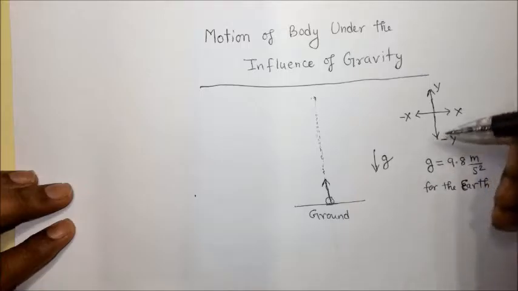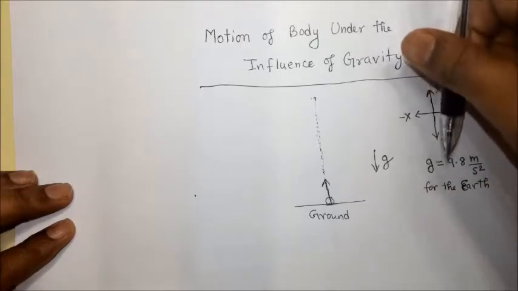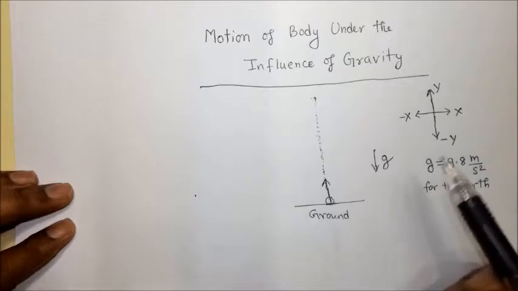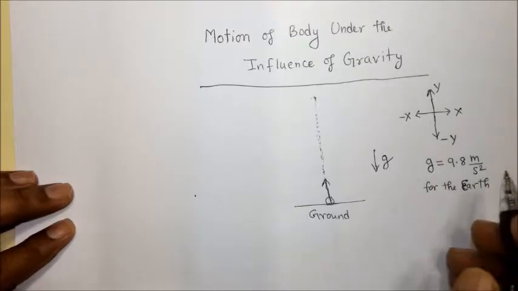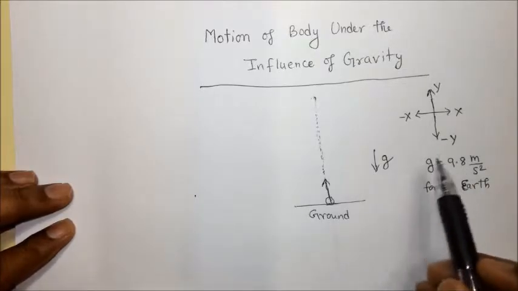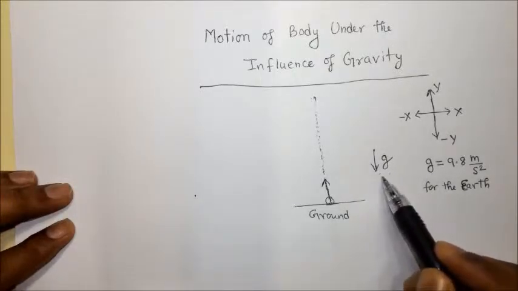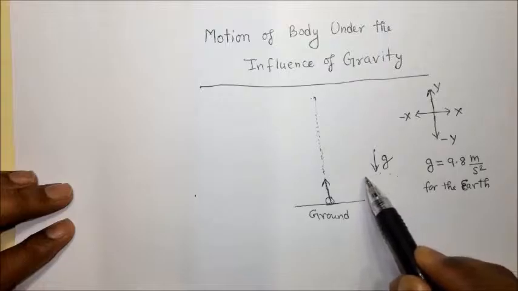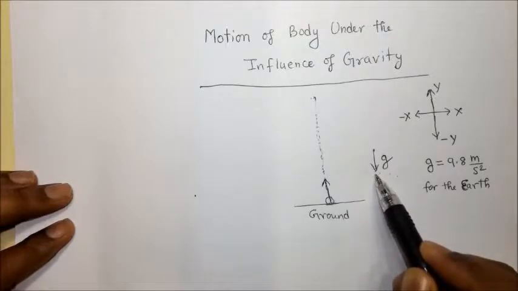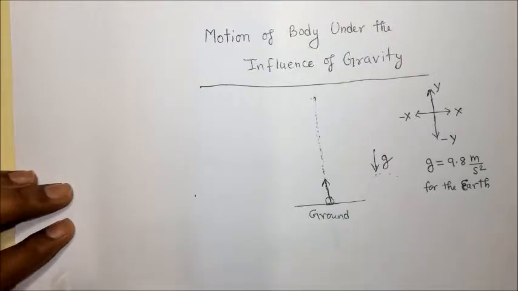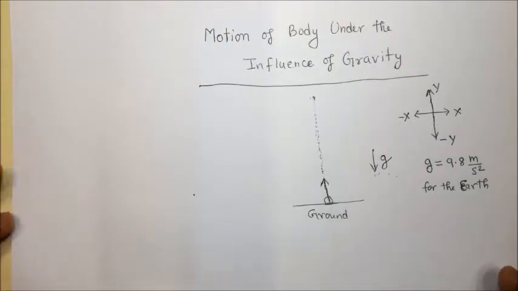Anything in the negative y direction will have a negative sign. So when we put G into the three kinematic equations, we have to insert G with a minus sign. Let us see what I'm talking about.